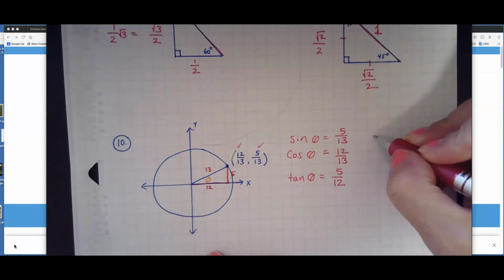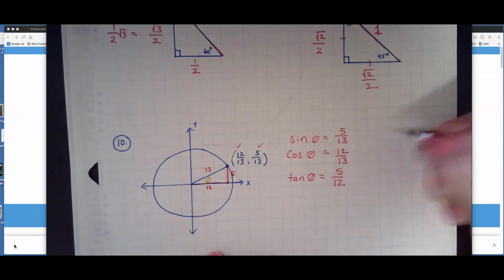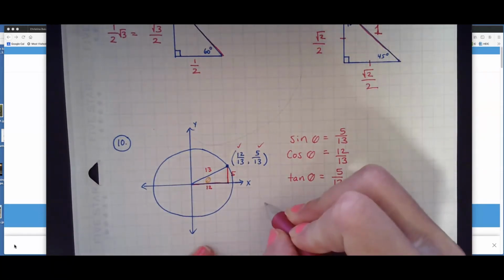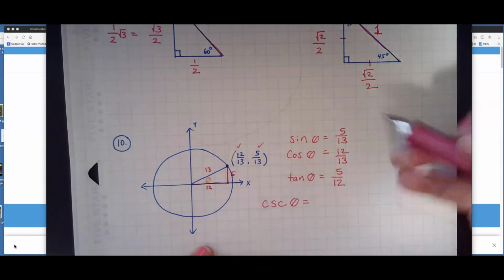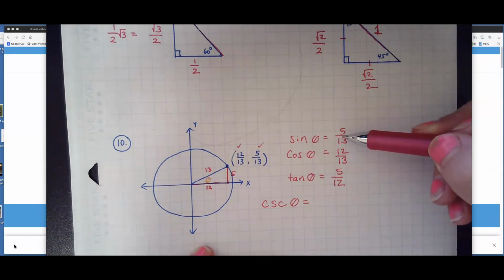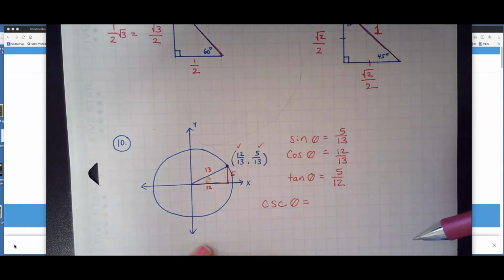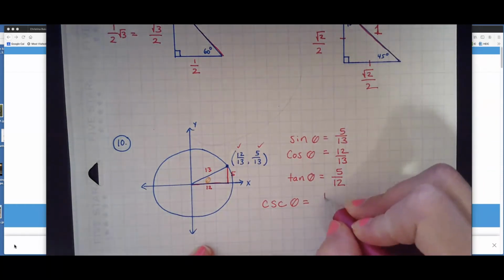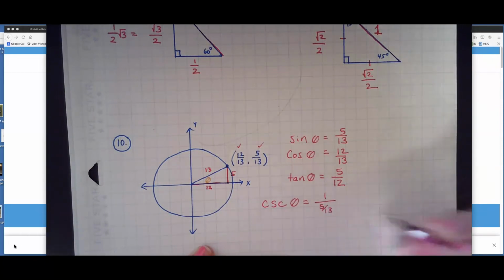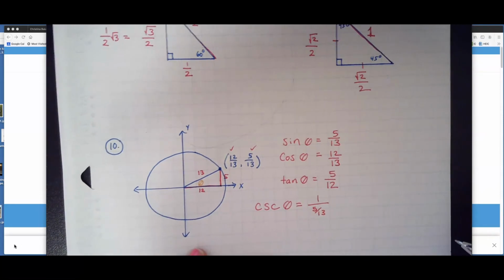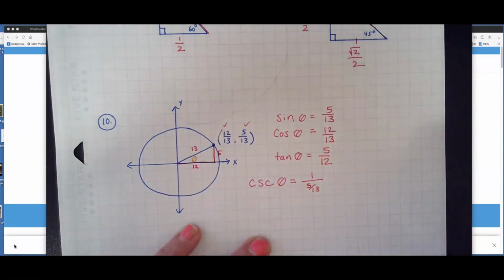So we write that down here. Cosecant of theta is basically whatever sine is, but it's 1 over that. So it's 1 over 5/13. Well, 1 divided by 5/13 is the same thing as just flipping it.